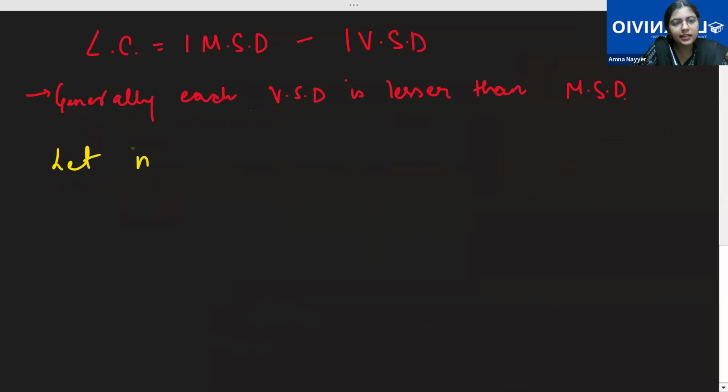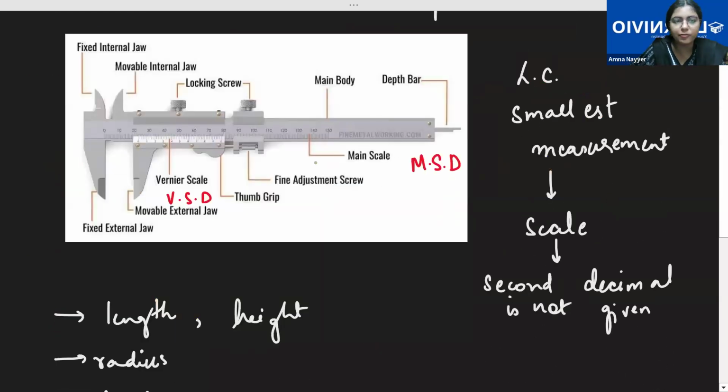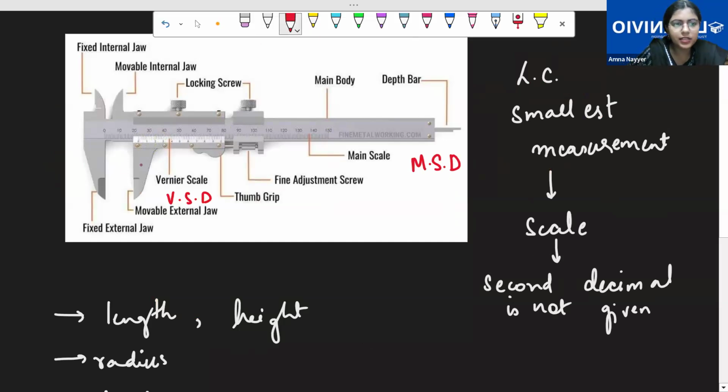Let's say n VSD are equal. What we do is, basically, if let's say I have something over here, I have put it. Now, is it necessary? Do you think everything will coincide? 0 will coincide, all the values will coincide? It's not necessary, no? Because you have just put anything of any length. So if I put something over here, let's say I have put a small cylinder to calculate its height.